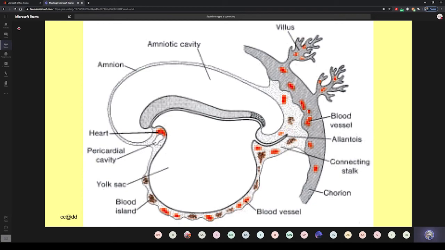So let's proceed with one more important part of the lateral plate mesoderm. Please note the blood cells, the blood vessels, and the heart. These are also mesodermal derivatives, wherein the splanchnopleuric mesoderm related to the dorsal wall of the yolk sac is going to be responsible for vasculogenesis and angiogenesis.